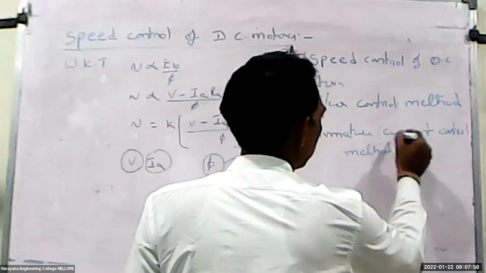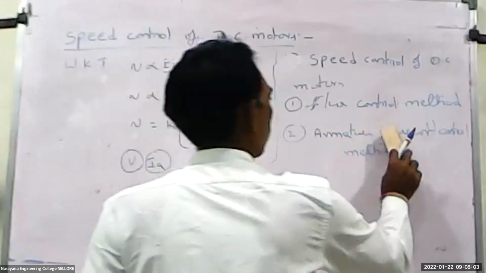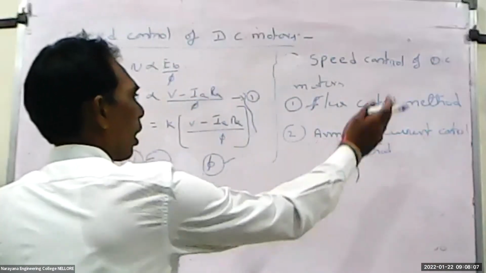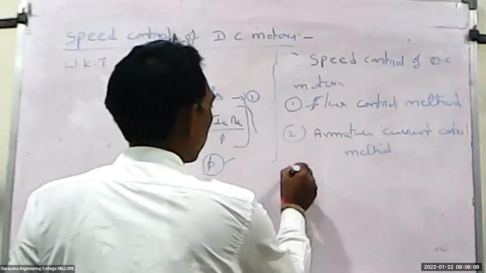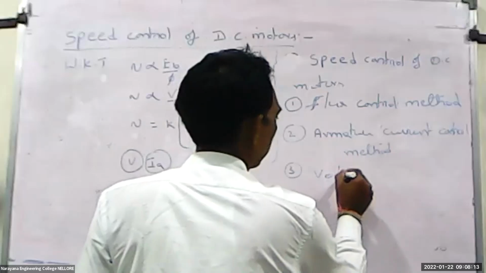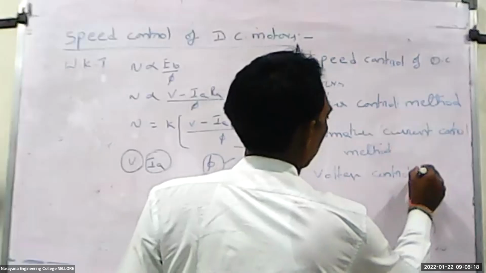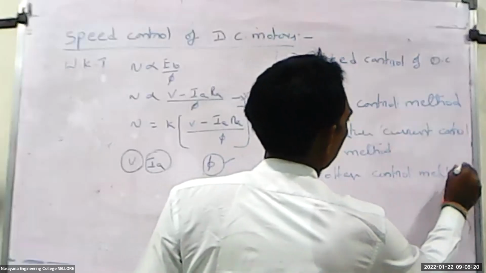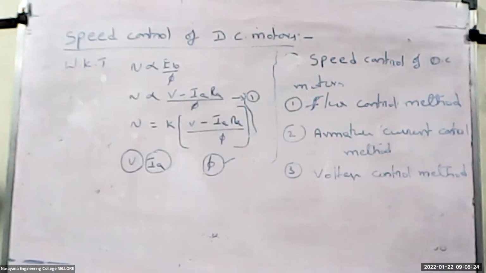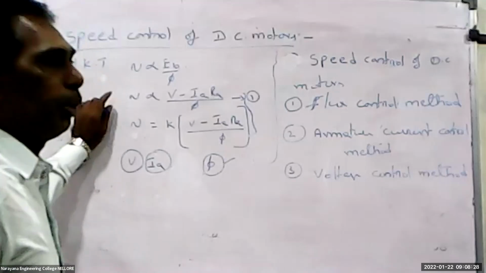In some cases, this is considered as armature current control method. So I represent it directly as armature current control method or current control method. Third one is the voltage control method. So these are the three methods used to control the speed of any motor.